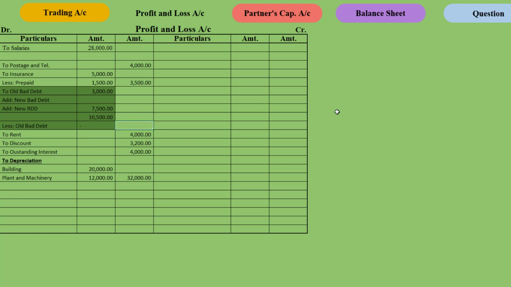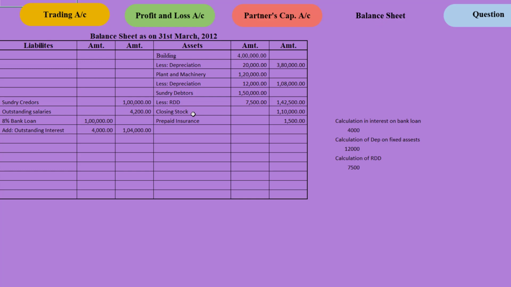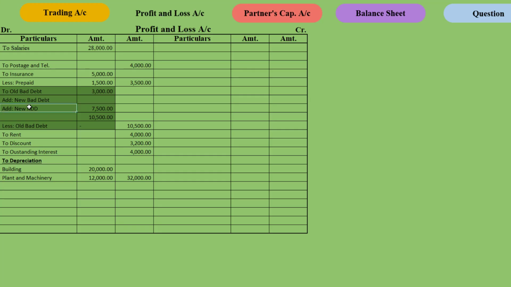Okay, there is nothing to deduct, so it will be same 10,500. Over. Fourth adjustment is done, 2 effects are done. This is the first effect of RDD, and second effect of RDD is here.